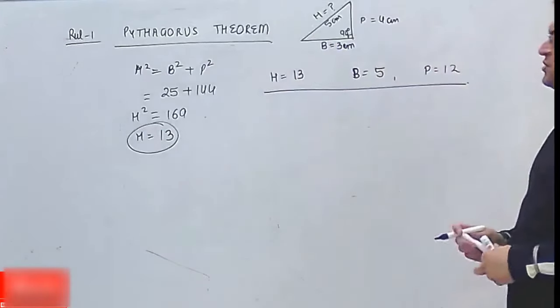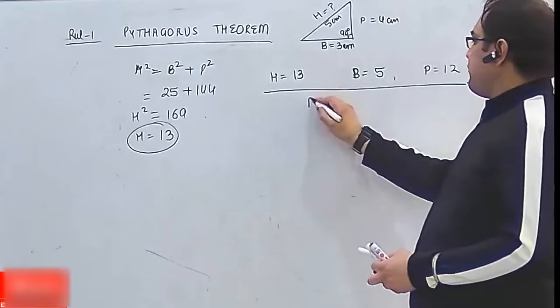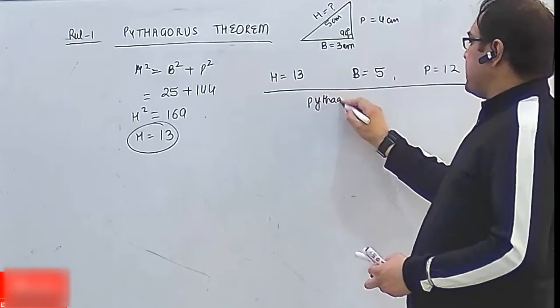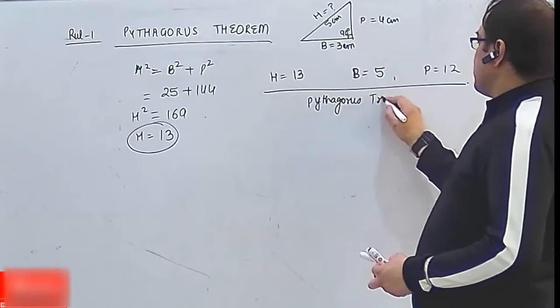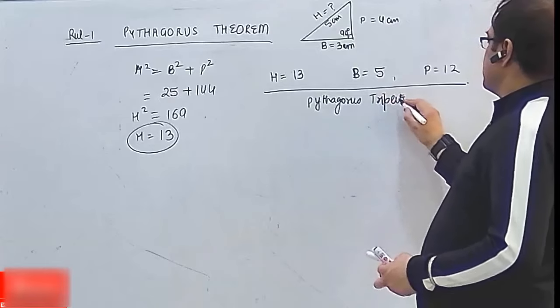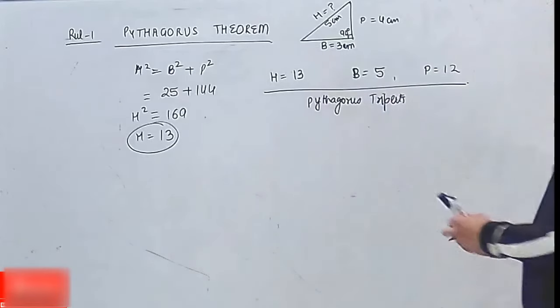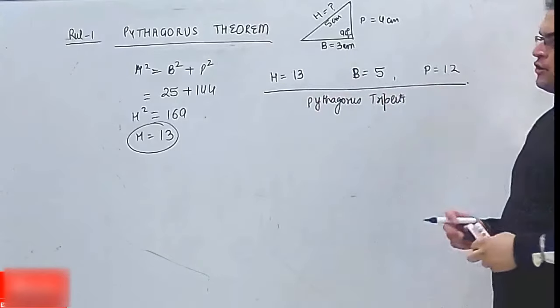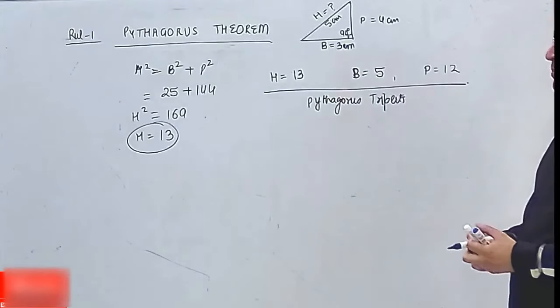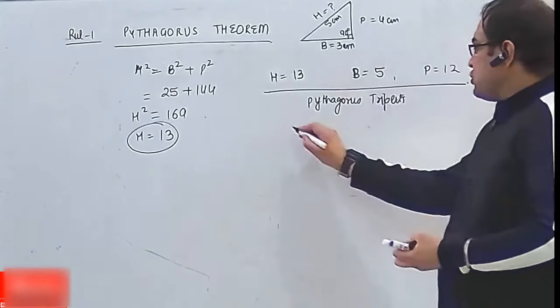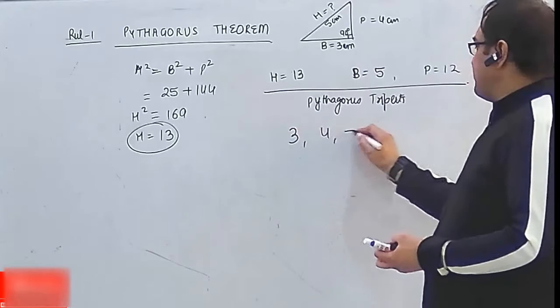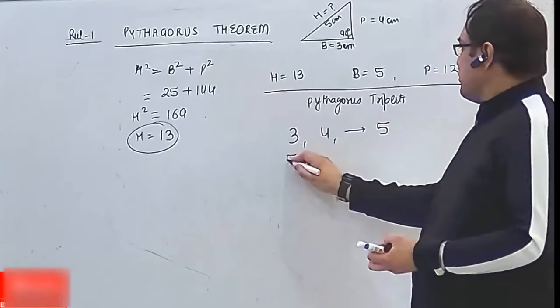This type of pair is called a Pythagoras triplet. The pair which satisfies the Pythagoras theorem is called a Pythagoras triplet. Okay, students? So 3, 4, and 5 is a Pythagoras triplet.